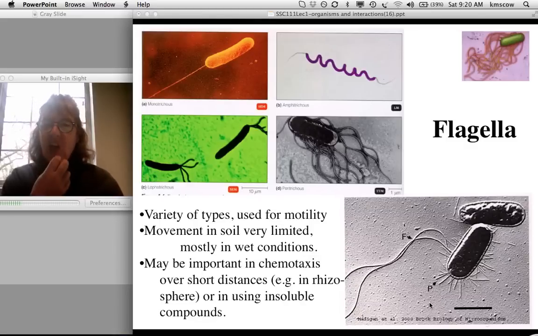Okay, flagella are another structure that bacteria have, and that differentiates them. We've got all different kinds, some coming out of just one side of the organism, some bundles of flagella or a single flagellum. And we generally think that flagella are used for motility, for movement.